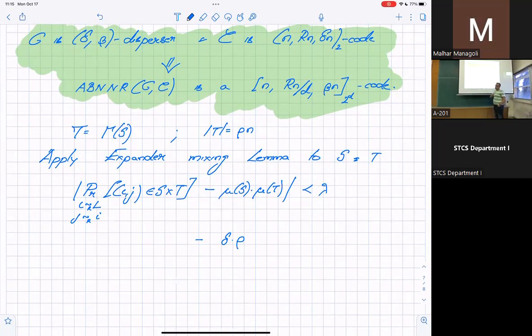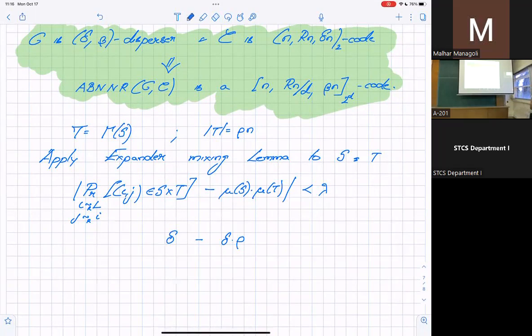Once I pick the left endpoint from S, the right endpoint is automatically in the neighborhood, so the probability is just delta.